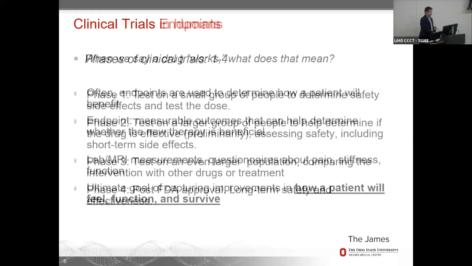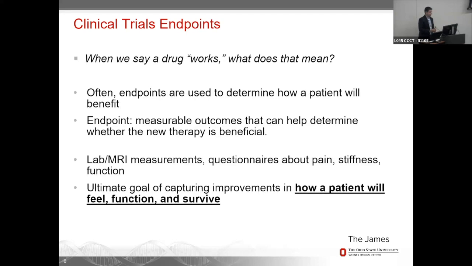So now that everybody's in the same place in terms of clinical trials, going back to Dr. Parker's points, she had an excellent presentation. How do you know that a drug works, right? And it's all in the endpoints. When you design a clinical trial, you want to measure specific outcomes that will help you answer those questions.